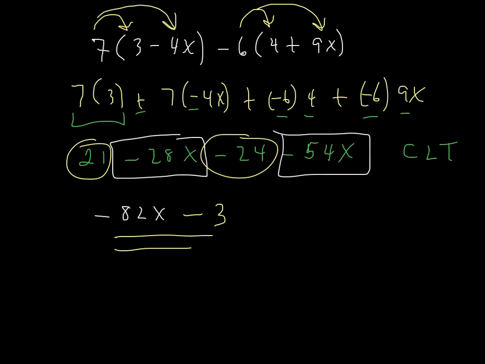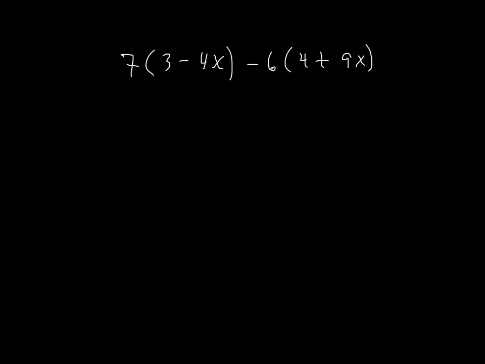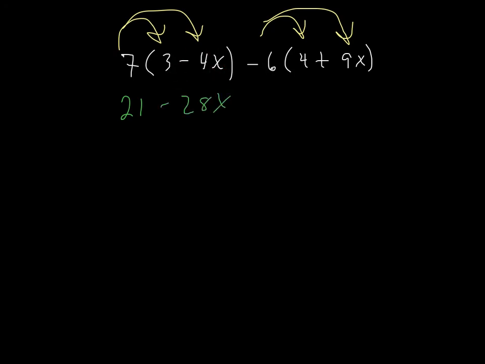Some of these can get a little challenging. To wrap things up, I just want to take a look at this last problem again and show how eventually we would like you to be tackling this. Eventually, we just want to sort of take it as we go and say positive 7 times a positive 3 is a positive 21. And then a positive 7 times a negative 4x is a negative 28x.